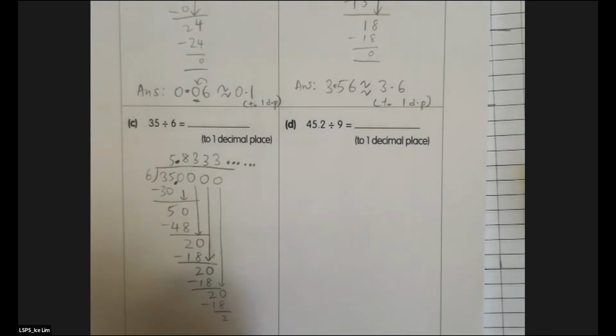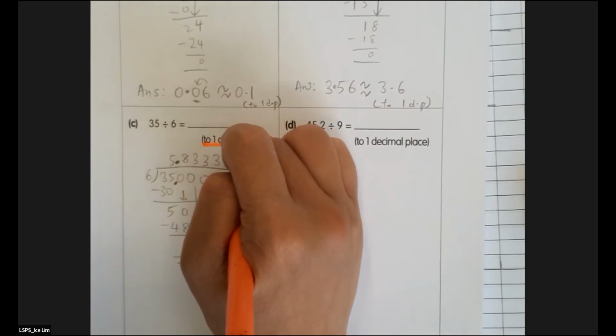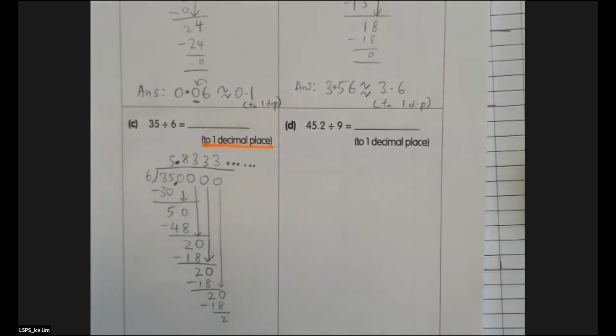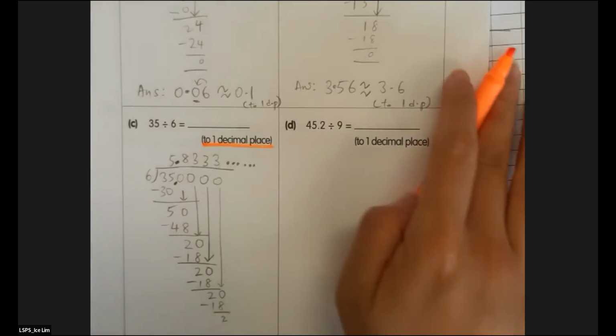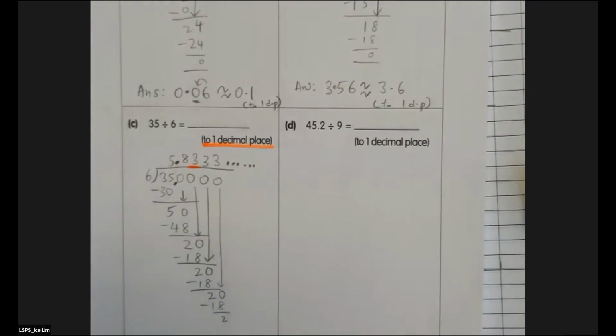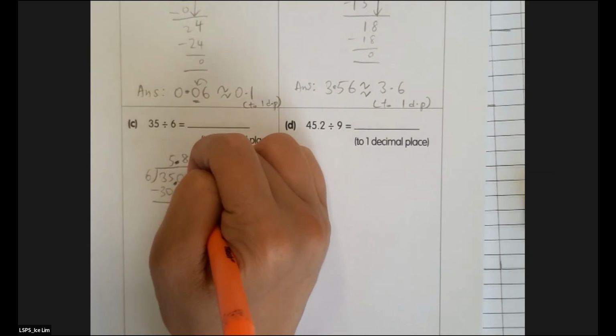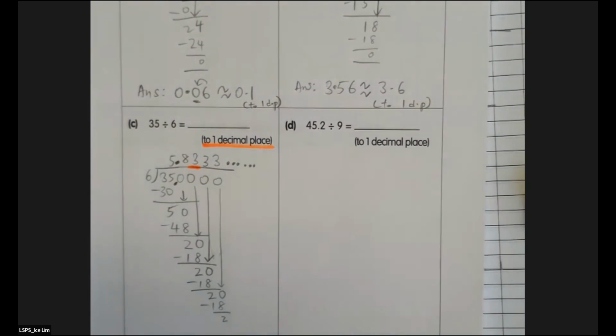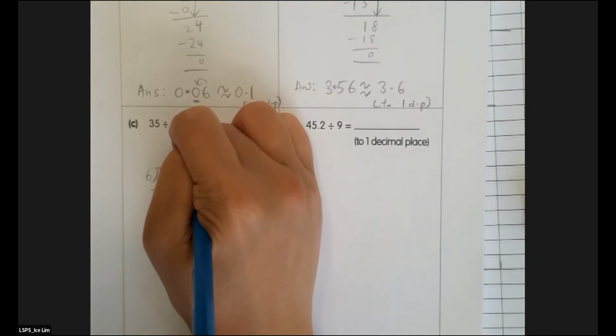Because the question asked to correct to one decimal place, I don't have to continue forever. I can just stop at the second decimal place or the third decimal place, just to save time. So I will stop here.